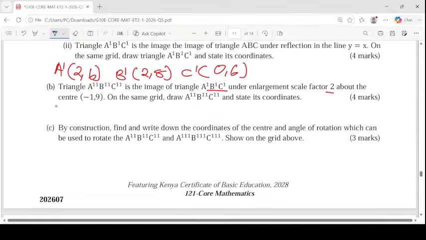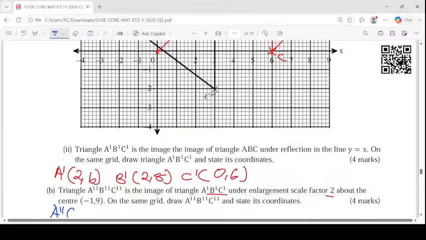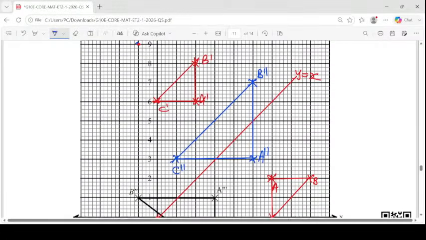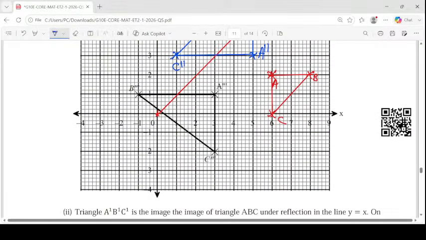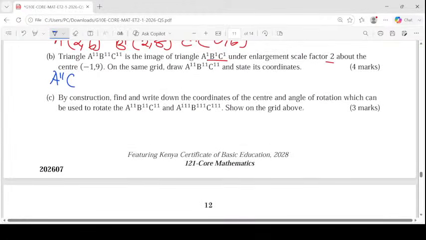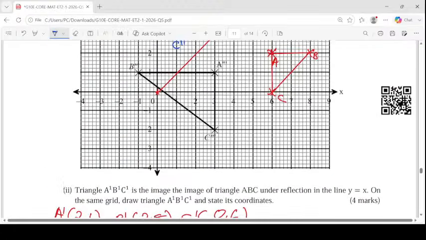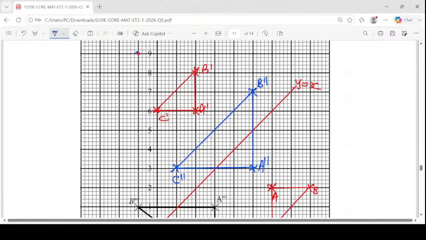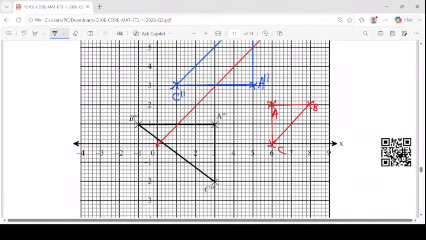So A double prime has the coordinates 5, 3. The coordinates here are 5, 3. B double prime we have 5, 7.